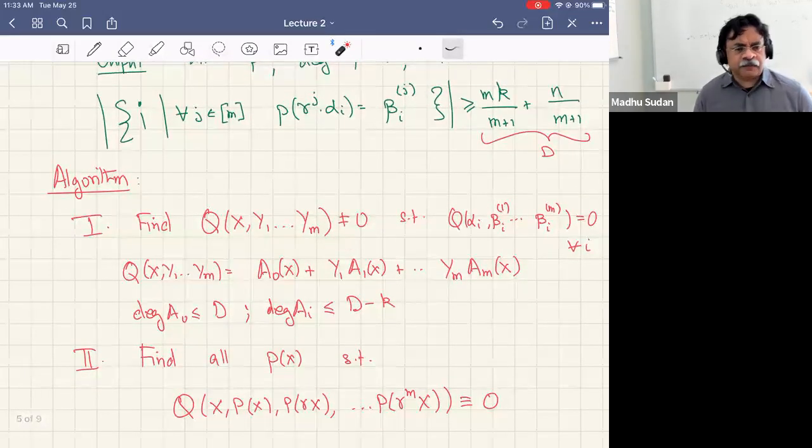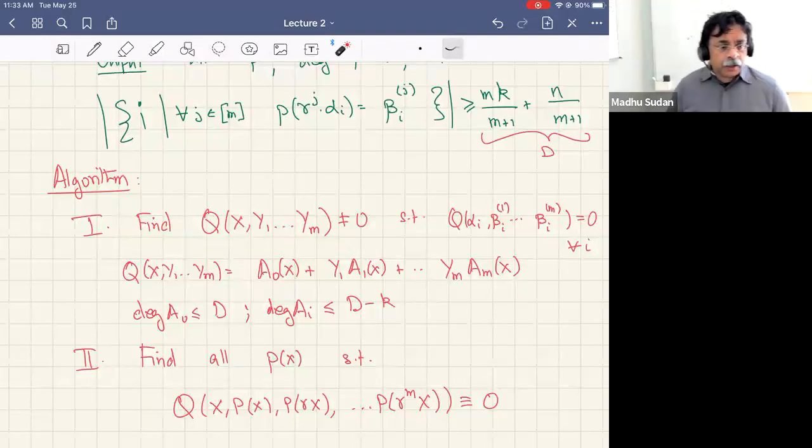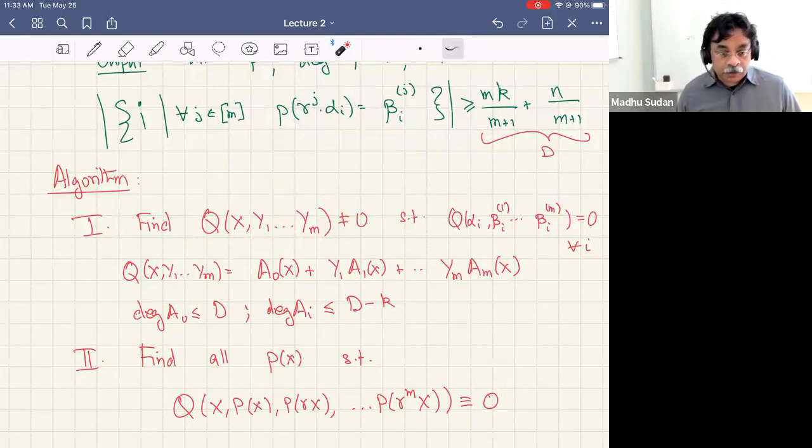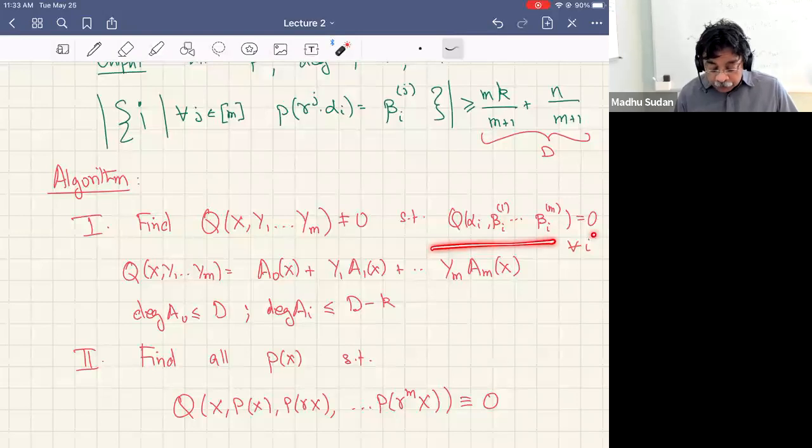We're going to make it, in fact, a very simple polynomial. Okay, Q is a function of m plus 1 variables, x, which represents the original x, and y1 to ym, which correspond to the m different evaluations that you have for every alpha. We will find a polynomial Q, which is 0 on all the given points.